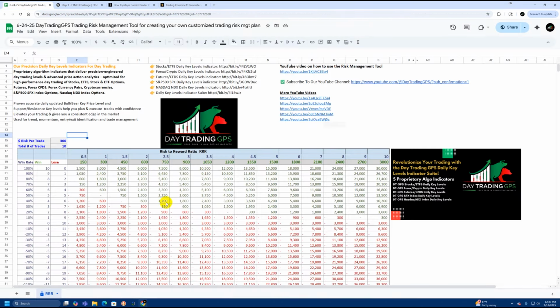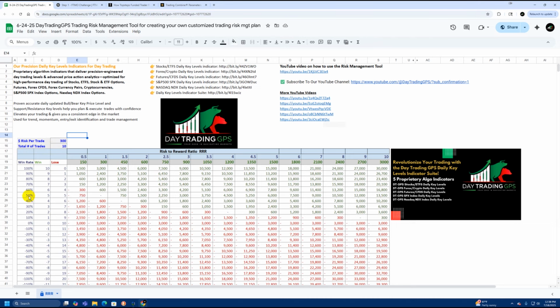So you go here and you want to go over and see where you have to be for $6,000. So remember, we're considering 10 trades over whatever trading period we're looking at. This could be, as an example, 10 trading days, 1 trade a day, or 5 trading days, 2 trades a day. 10 total trades, $300 risk per trade.